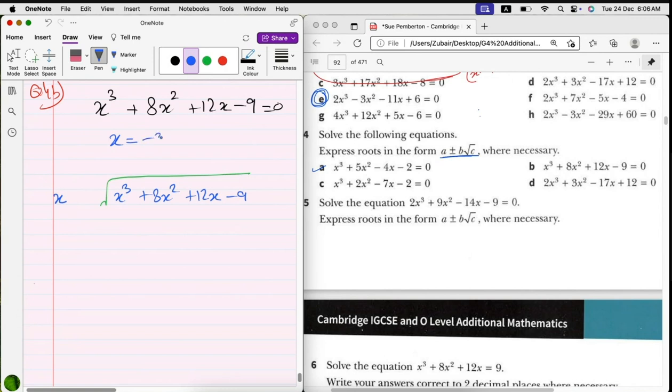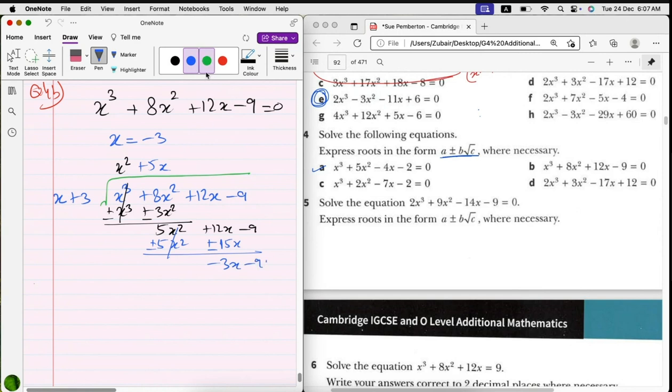And I'll get the quotient. So I'm getting x squared plus 5x minus 3. Keep going.